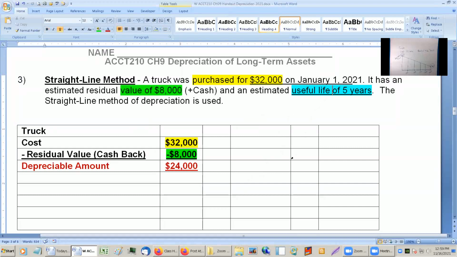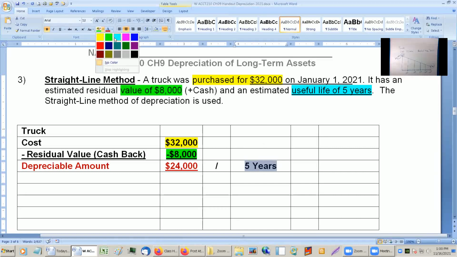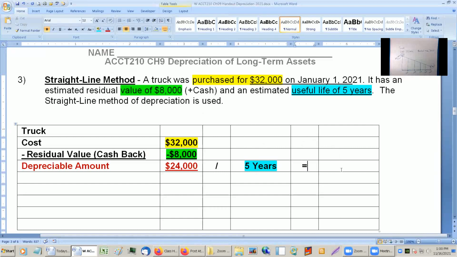So how much will it be per year? 24,000 divided by 5 years equals 4,800.